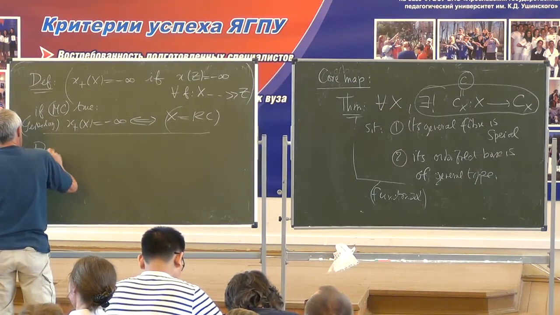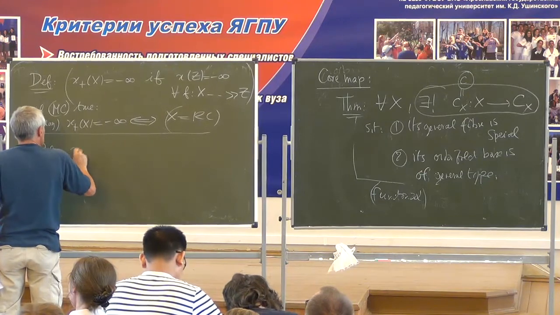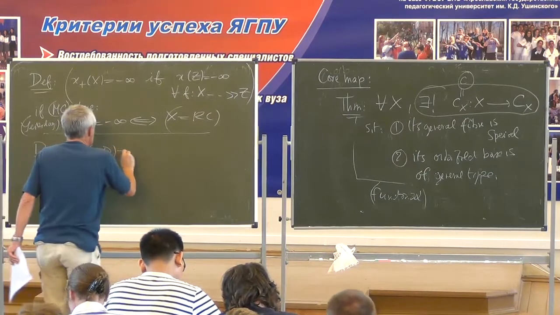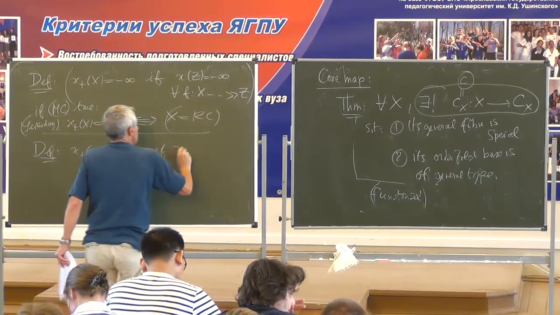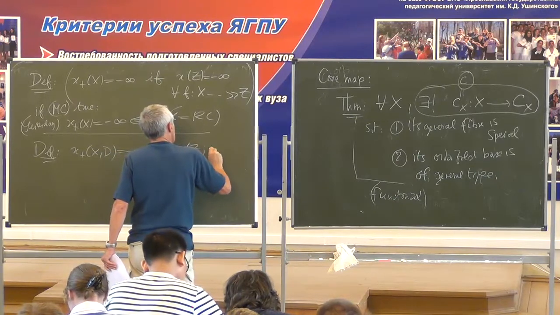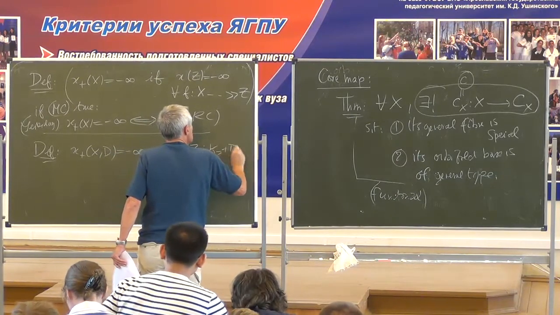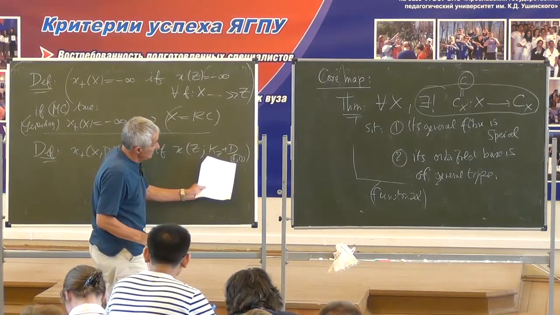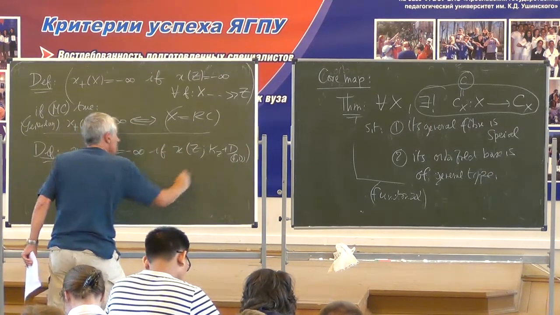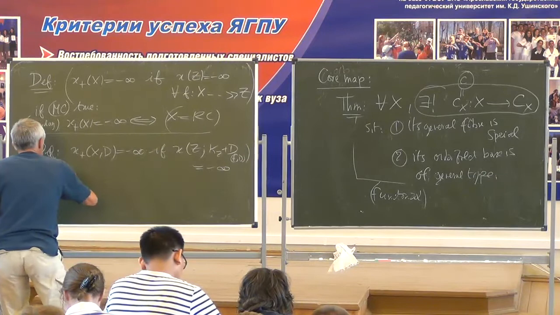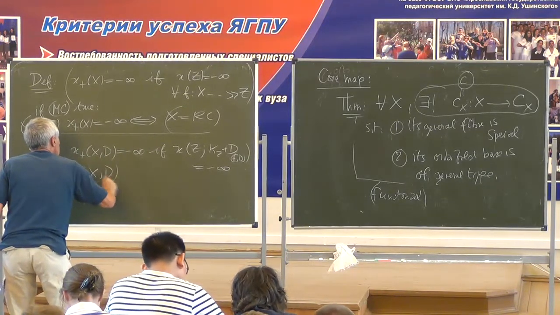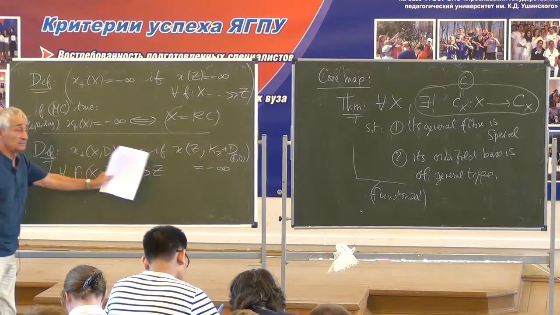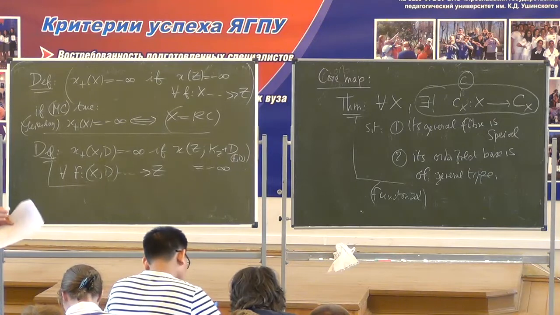So the definition will be the following: kappa plus of (X, D), where I take a smooth orbifold, is minus infinity if kappa of Z, where I have to take K_Z plus D_f, which I didn't define but quickly, is minus infinity for any f from (X, D) to Z. You have to take neat models in order to define this, and this is independent of the neat models.